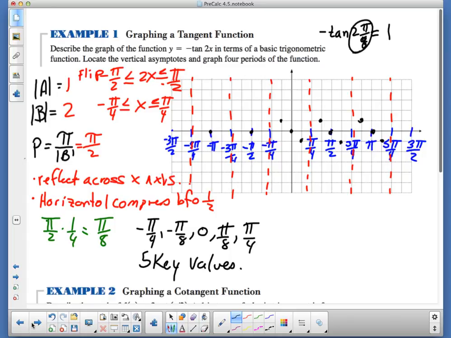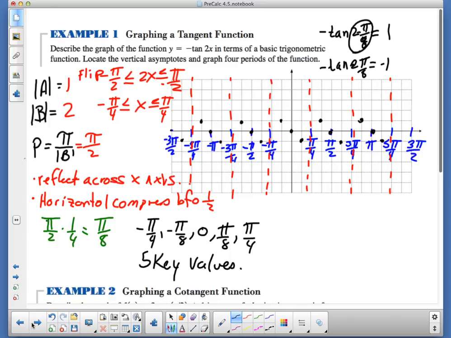And then if I look at negative pi over 8, that is 2 times negative pi over 8, which is negative pi over 4, which is generally 1. It's negative 1. So that's where I'm getting my spots, and it's my spot each time as I'm going through my graph. So I just kind of evaluate those.